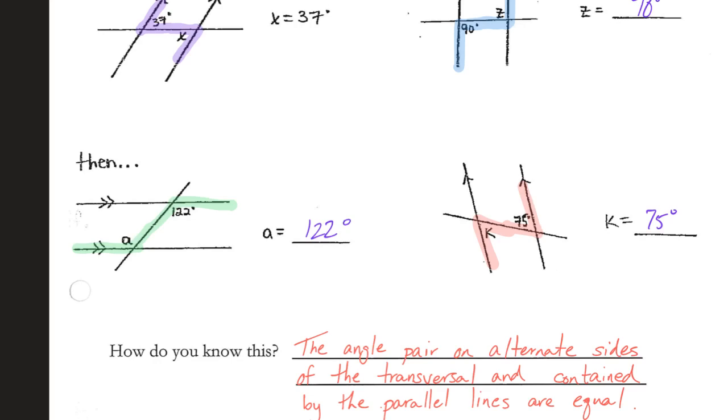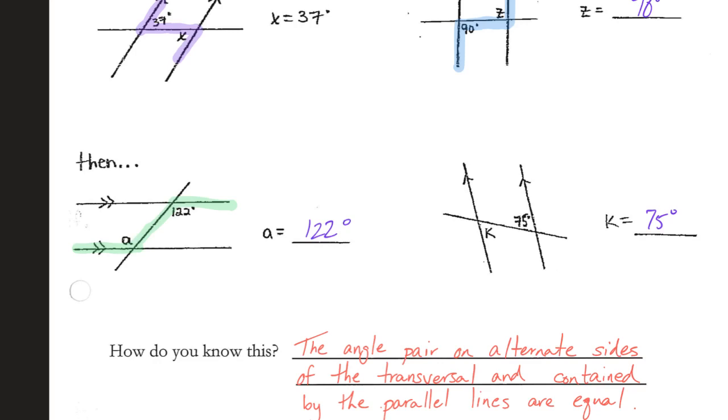Notice that in all four of those diagrams, we have a pair of angles, the angle pair, that are on alternate sides of the transversal and contained by the parallel lines. So in case we're struggling to see that red in the diagram, I'm going to take the very last diagram to walk through. That statement says that the angles are on opposite sides of the transversal.